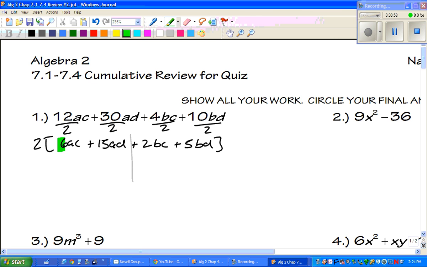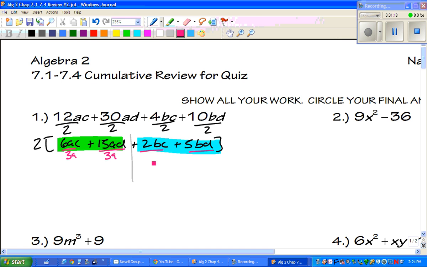Okay? Now, split it in half, and we look at the GCF of the green and then of the blue. Now, the green, we can take out a 3A.